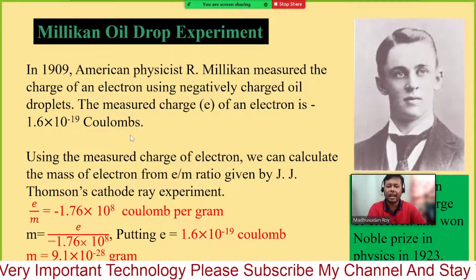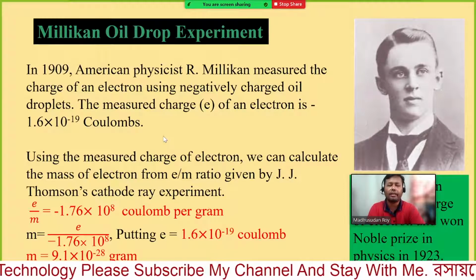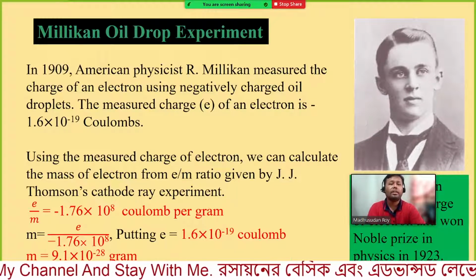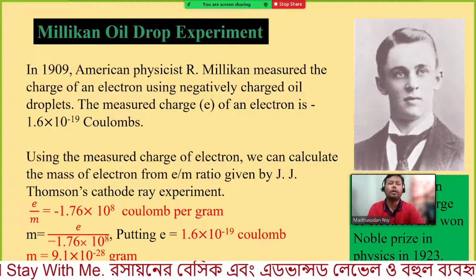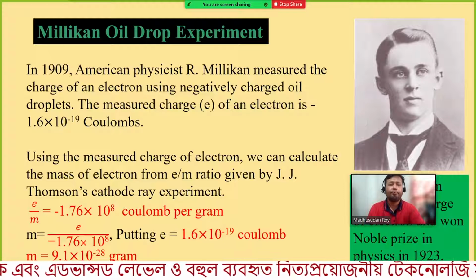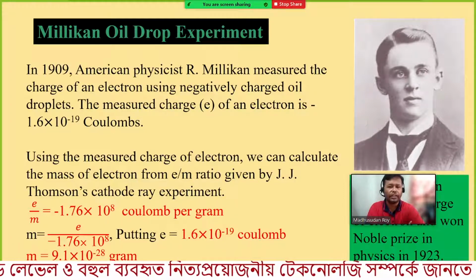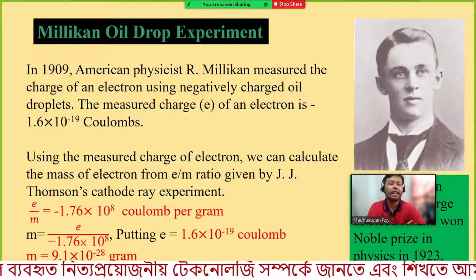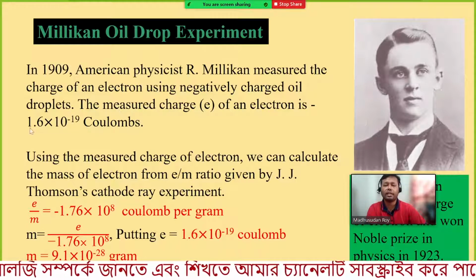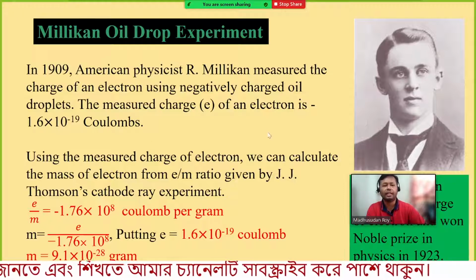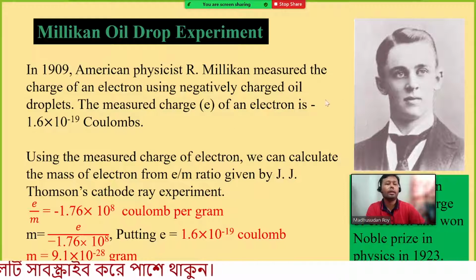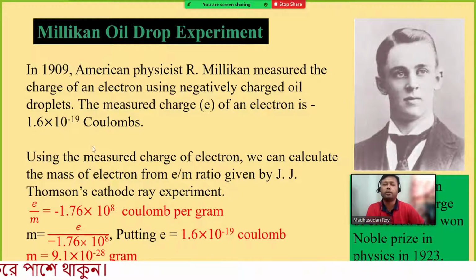In the previous slide I mentioned that the charge of an electron is -1 and the charge of a proton is +1. Actually this is a comparative value. If we compare the charge of a proton and an electron, the value is the same but the sign is different. So we consider the ratio -1 and +1. Overall, the charge of an electron is minus 1.6 into 10 to the power minus 19 coulomb, and for a proton it is plus 1.6 into 10 to the power minus 19 coulombs.